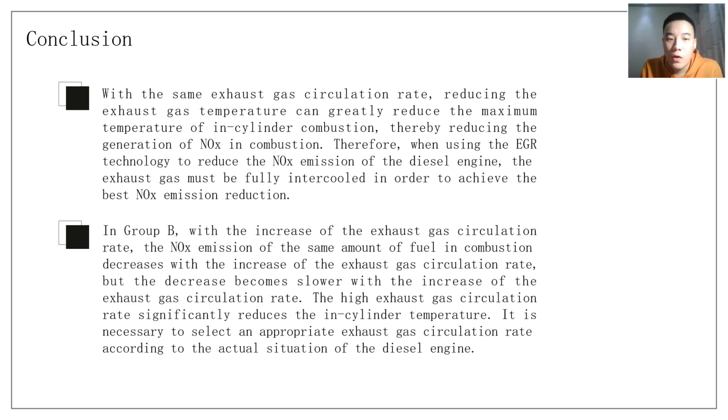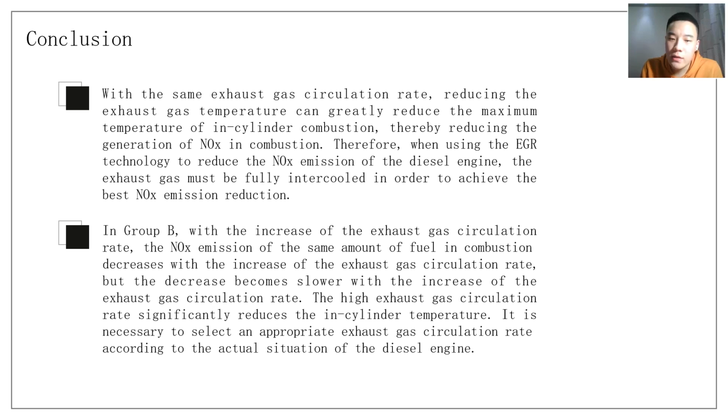In Group B, with the increase of the exhaust gas recirculation rate, the nitrogen oxide emission of the same amount of fuel in combustion decreases, but the decrease becomes slower with the increase of the exhaust gas recirculation rate.